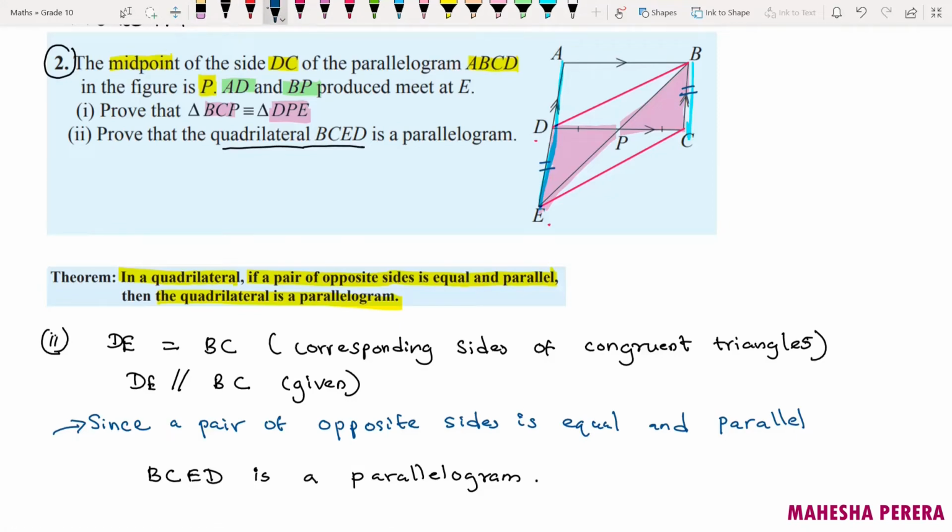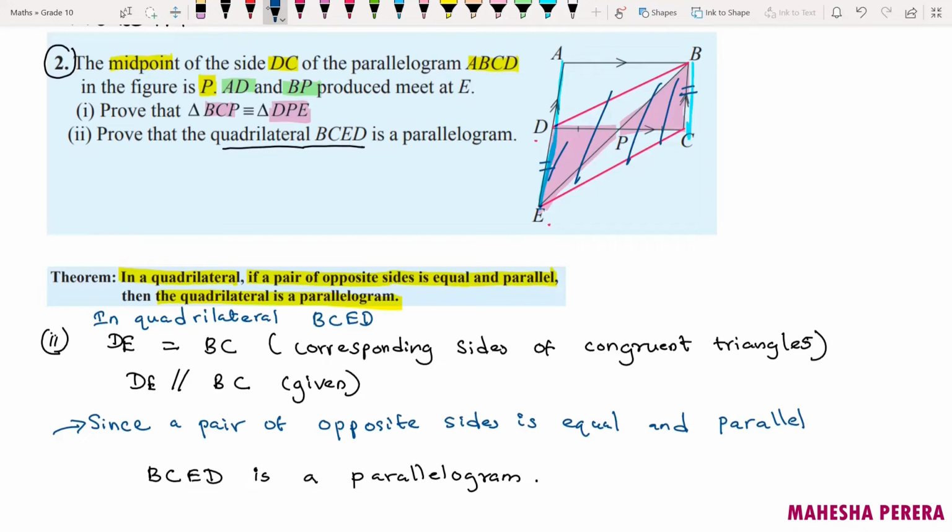And also it's better if you can write on top, since you are addressing this particular quadrilateral, you can say in quadrilateral BCED, right? So we are talking about the elements of this quadrilateral.